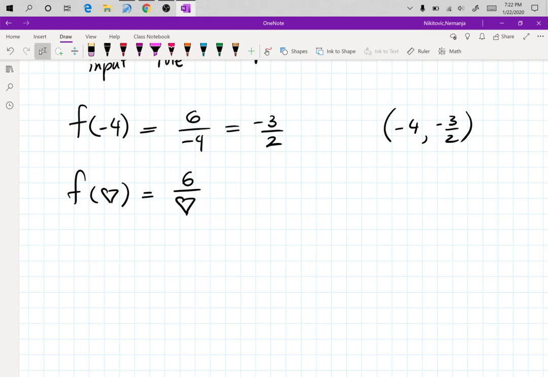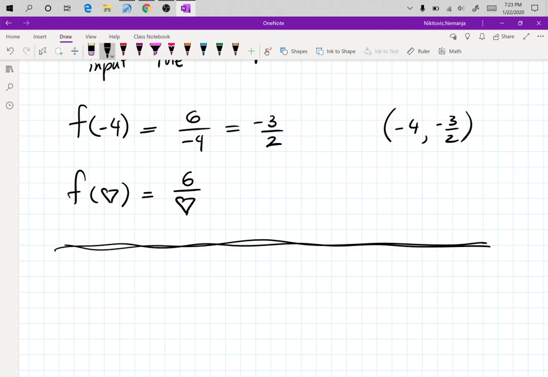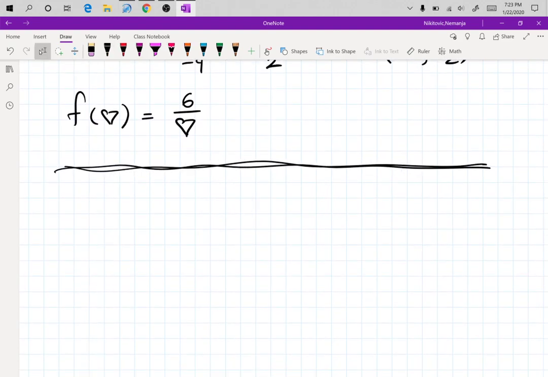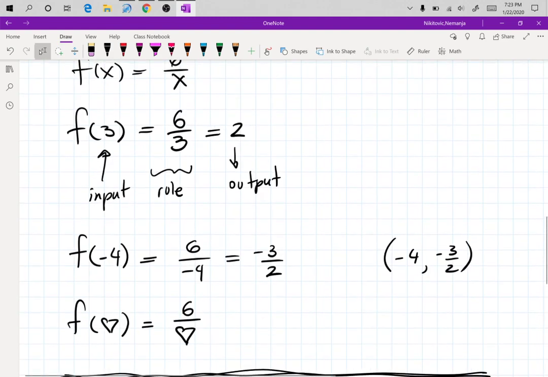So the sooner you understand and realize that we can plug anything and still compute, the better. So the function notation allows you to plug in values and compute those values if you have the numbers. If you don't have the numbers, then you just have the function, the rule.